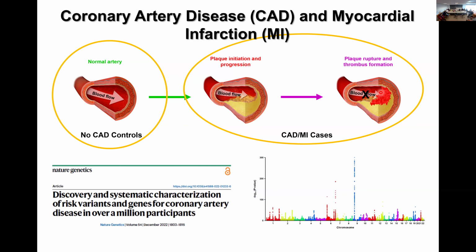Some people can have coronary disease for their entire life and never have an event. Some people may have an event very early on. But they've grouped these together and called them cases, compared to people who don't have any evidence of disease. The basis for this GWAS finding is this sort of combined group.